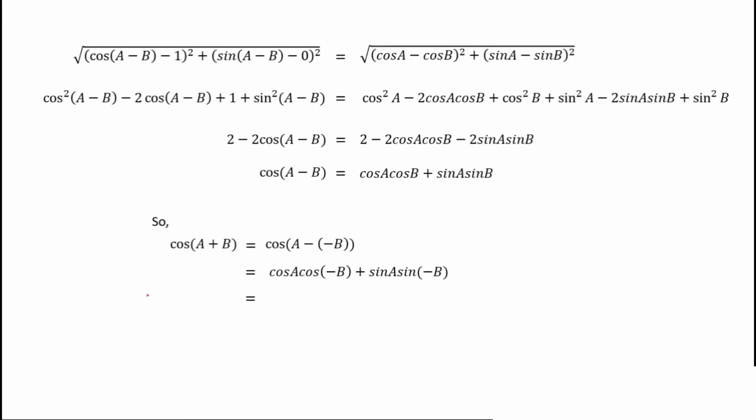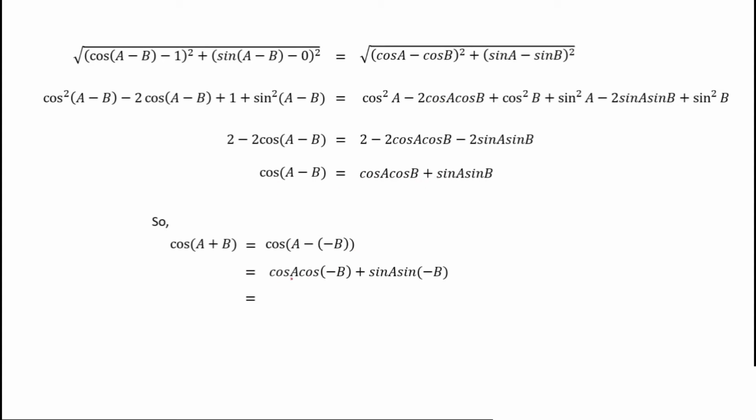We can use it. So for example, we know that cosine A plus B is equal to cosine A minus negative B, because A plus B is the same thing as A minus negative B. Then we can use this identity that we have up here.